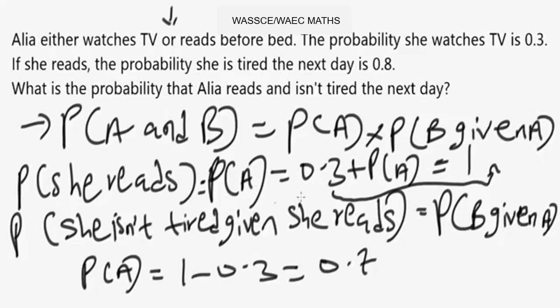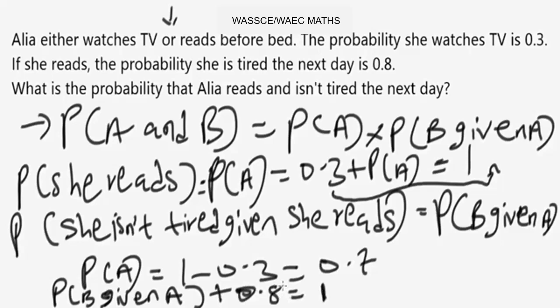So the probability that she isn't tired given she reads, plus the probability she is tired given she reads, which is 0.8, equals 1. When 0.8 crosses over the equality sign, the probability that she isn't tired given she reads is 1 minus 0.8, which on the calculator gives 0.2.